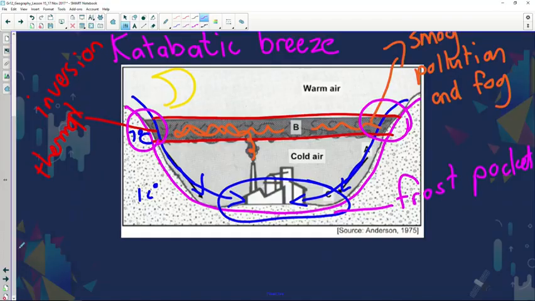And obviously when we look at aspect, people will rather settle on the north-facing slopes than the south-facing slopes, because the north-facing slopes experience warmer temperatures because they're facing towards the equator and because of direct insolation. No oblique insolation like on your south-facing slopes. That's one of the questions that you might expect during a final exam.